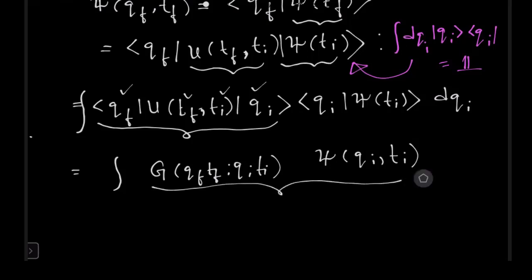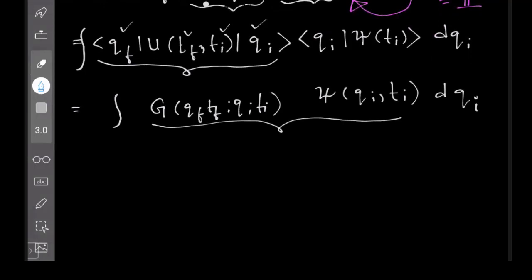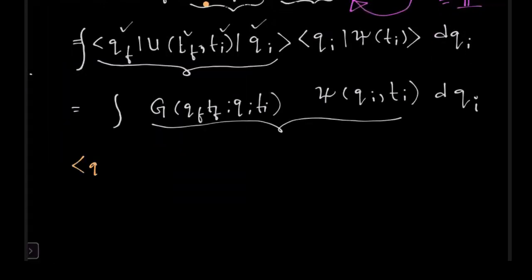But this was the naive guess that we made. It turns out in reality there is an integration over dqi. Now what does it mean? Why do we have this extra integration over dqi? Before going into that, let me briefly tell you what this expression qf u tf comma ti qi is.